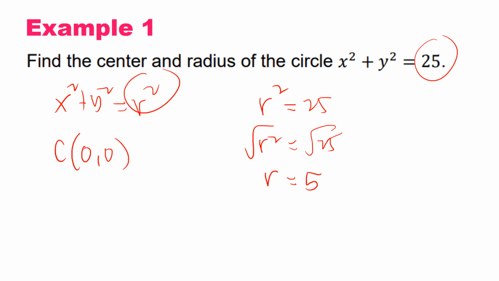Now, in solving radical expression or squaring both sides, dapat plus or minus 5 yan. But wala naman tayong radius na negative. That's why we just choose or consider positive 5. Okay? So therefore here, the radius is equal to 5. So this is now the final answer.